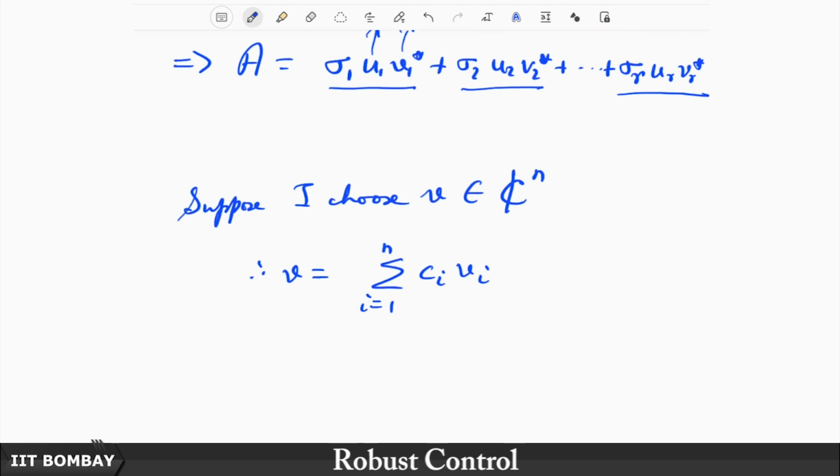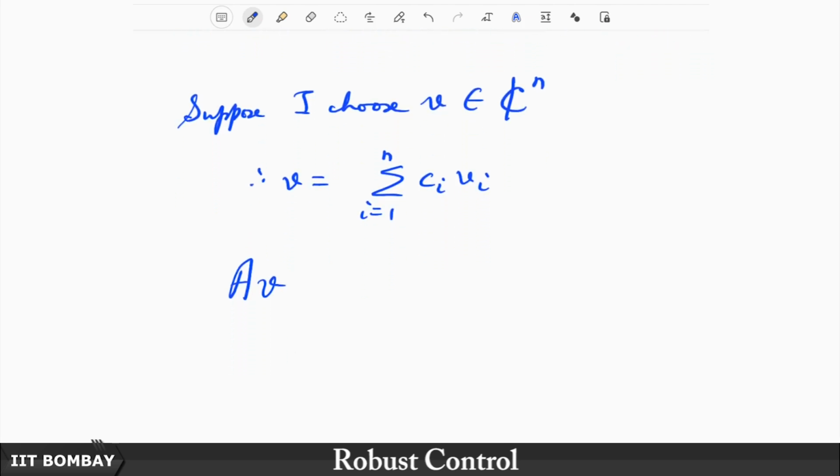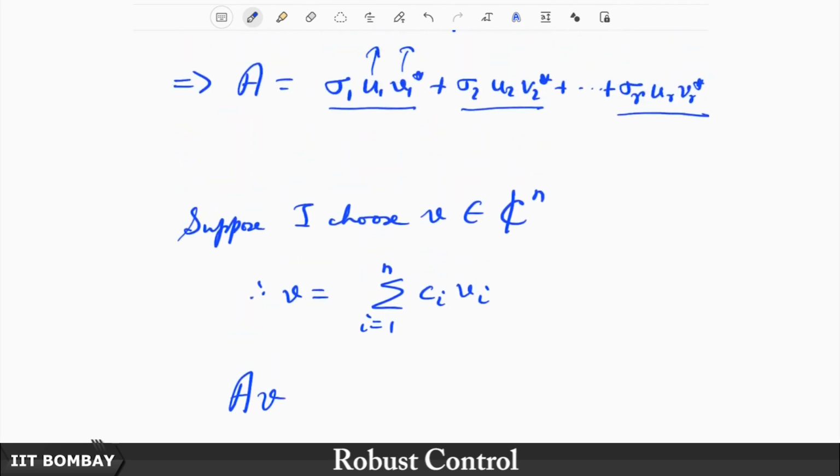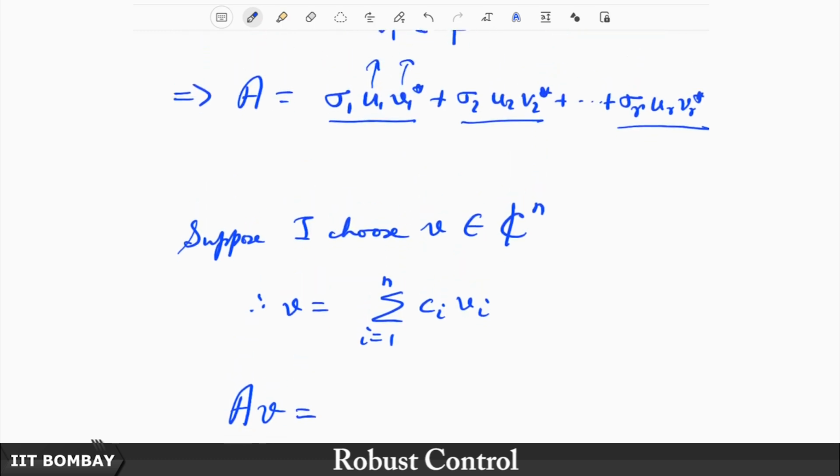All right. Once we have done that, if we want to observe the effect of A on this particular V, what we might then notice, of course, this is nothing new, we have already seen this.